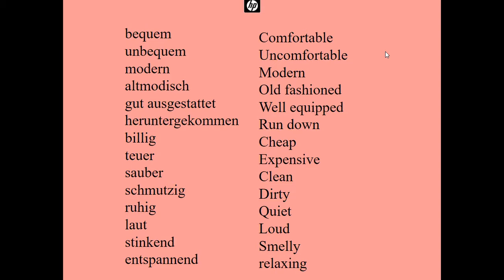Okay, so pause the video now and write these words down in your book. Make sure you get your spellings right. Use your colours or your highlighters if you've got some.